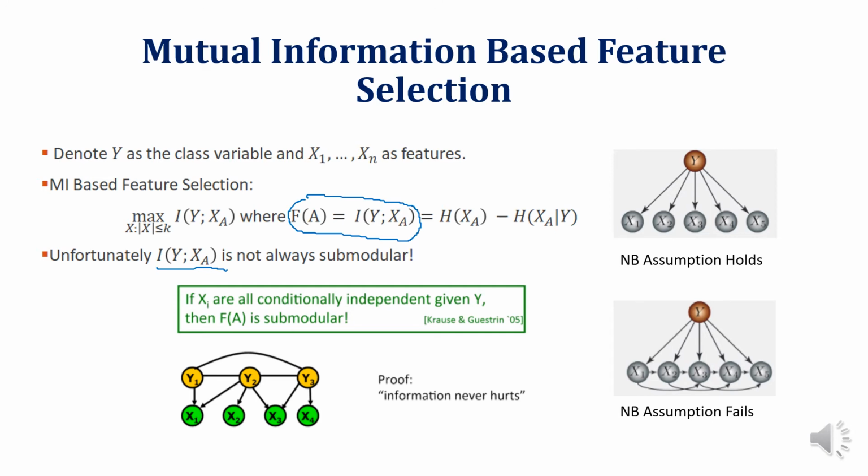However, if all the xi's are conditionally independent given the y, then FA, which is characterized by the mutual information xA comma y, turns out to be submodular. This is fairly intuitive, right? Information never hurts. And then there's of course a saturation with respect to information as you keep including. So this is kind of hinged on the naive Bayes assumption.